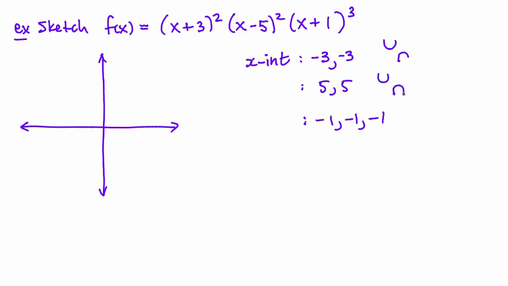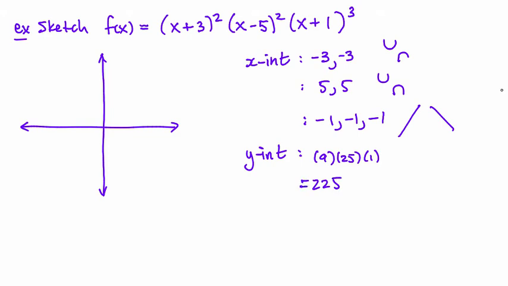This is another kind of a bounce, and this one goes through, either straight through this way or straight through that way. I can calculate my y-intercept, just make x equal to 0, so I get 0 plus 3 is 3 squared, that's 9, minus 5 squared is 25, and 1 cubed is 1, and so my y-intercept is really big, 225.